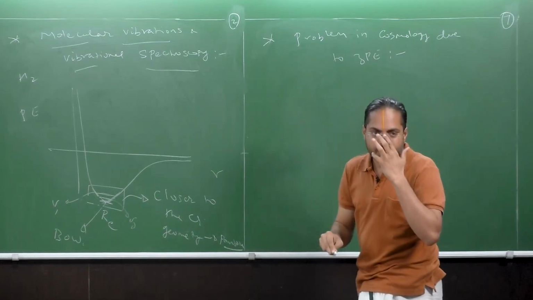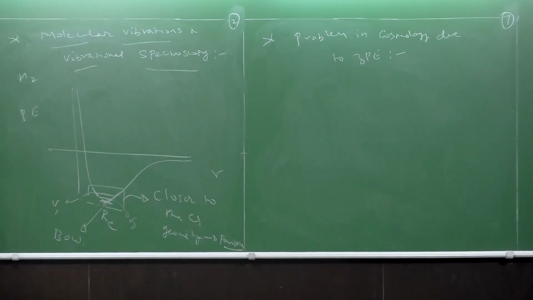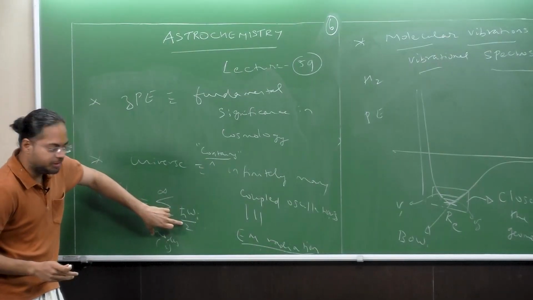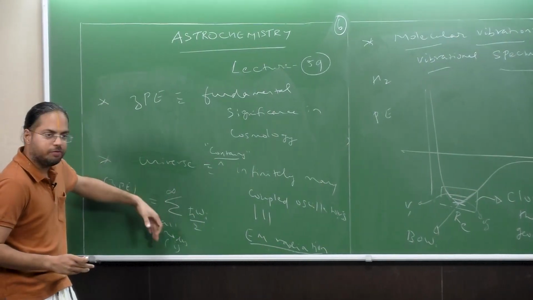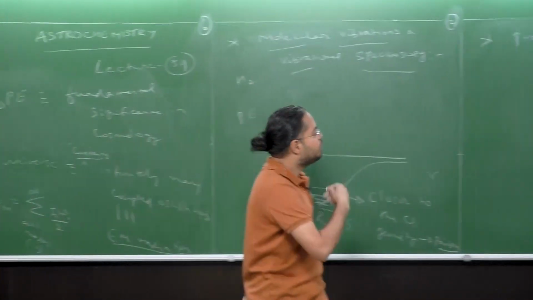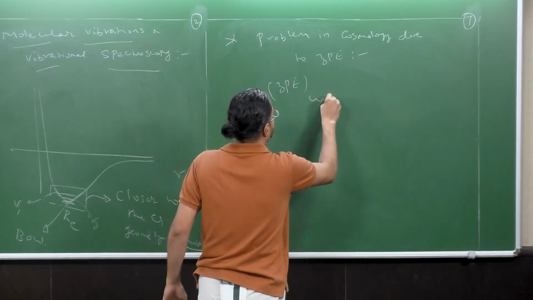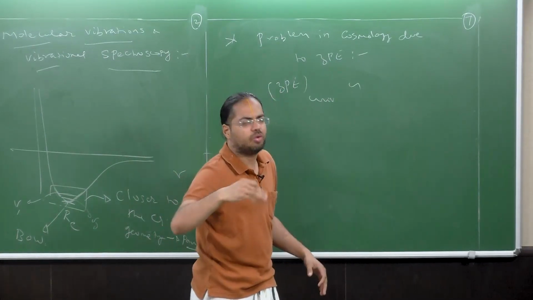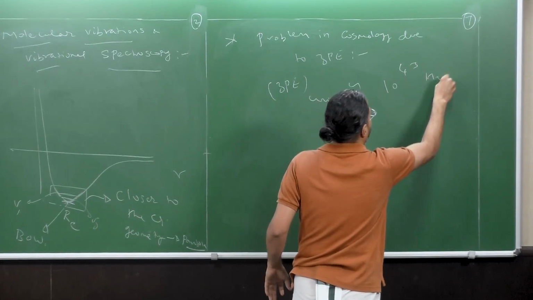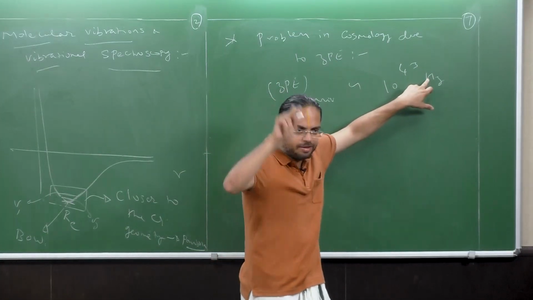I'm just describing the problem in a nutshell: the 0-point energy of all these oscillators is going to be the sum of all the 0-point energies, say sigma over i equals 1 to infinity of h bar omega i by 2. Then the 0-point energy of the universe is estimated to be of the order of 10 to the power 43 hertz, when expressed in terms of per seconds.